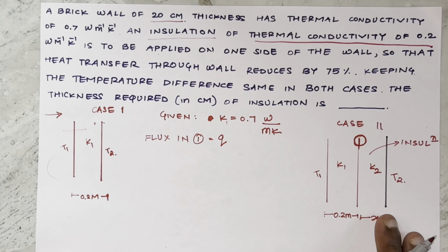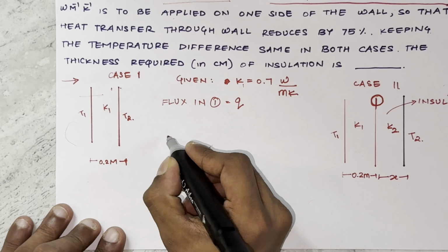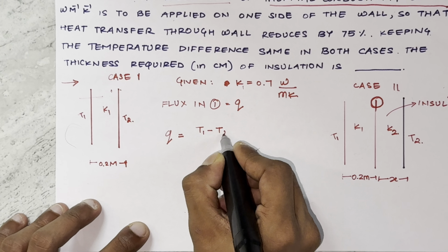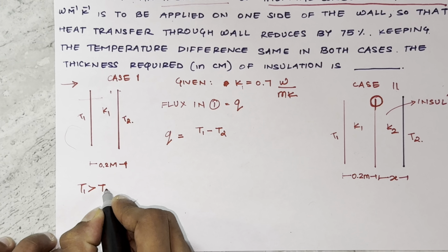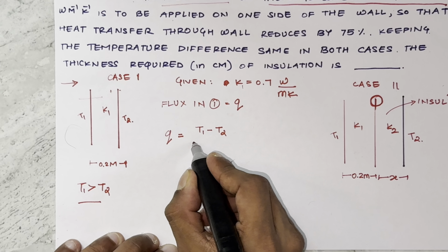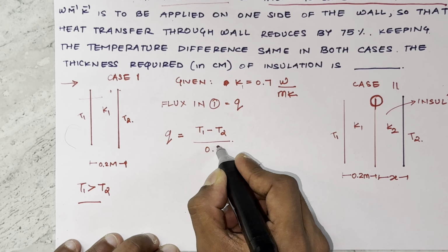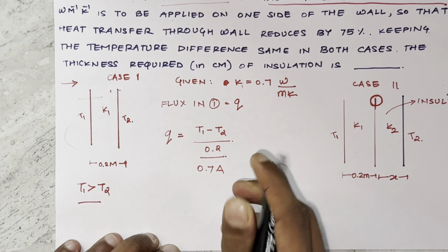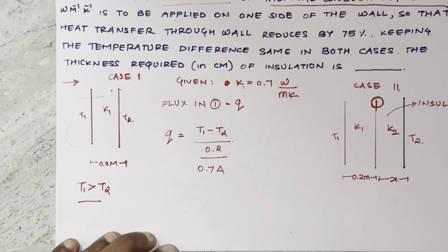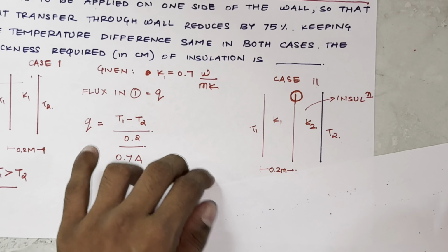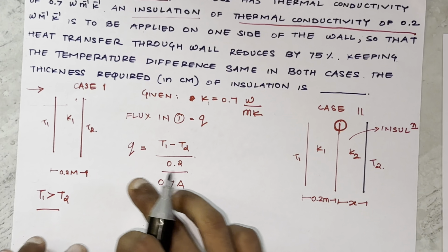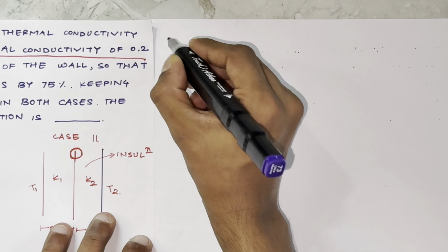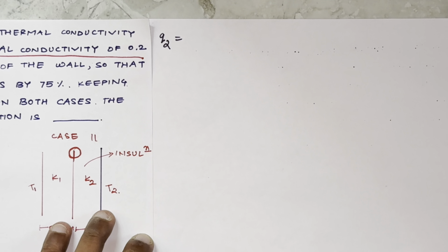So we can write Q1 is equal to T1 minus T2, assuming T1 is greater than T2, divided by the resistance, which is 0.2 over K, that is 0.7, and the area, which we don't know, so let it be A. We define the flux of the second case as Q2, so we can distinguish them better.